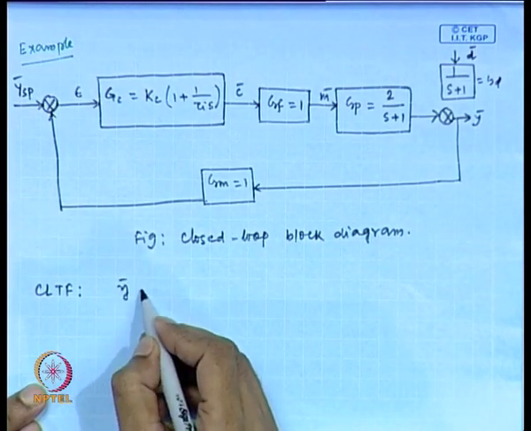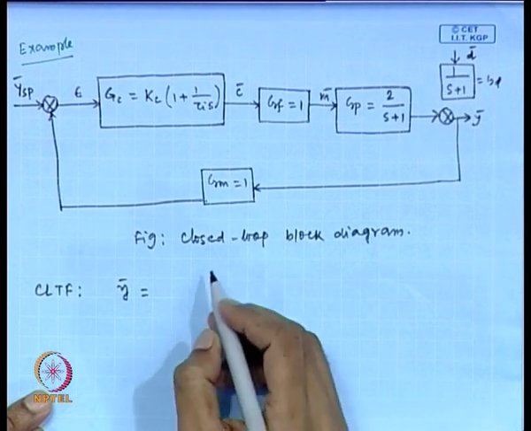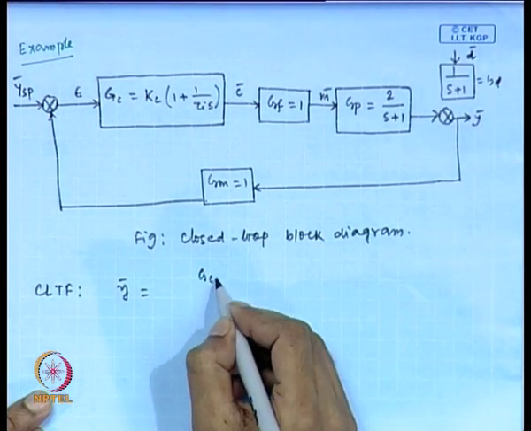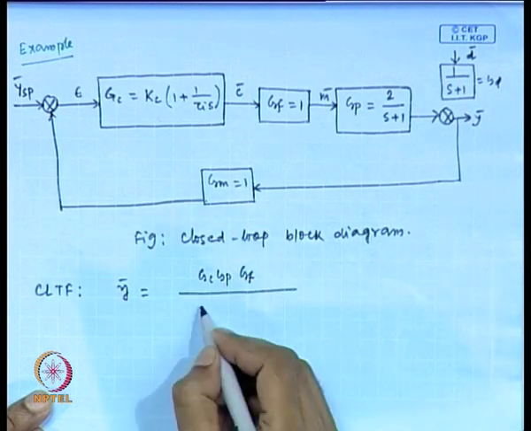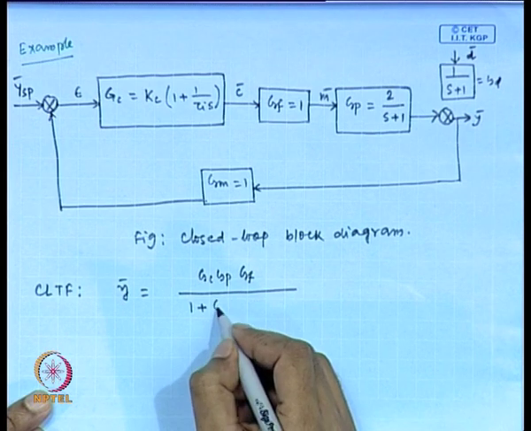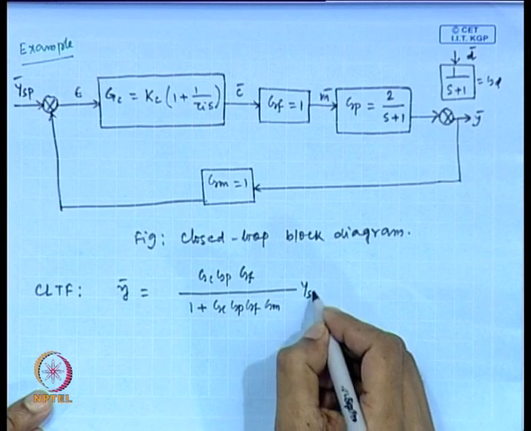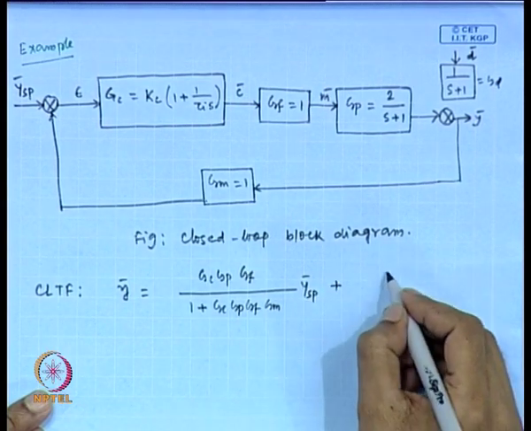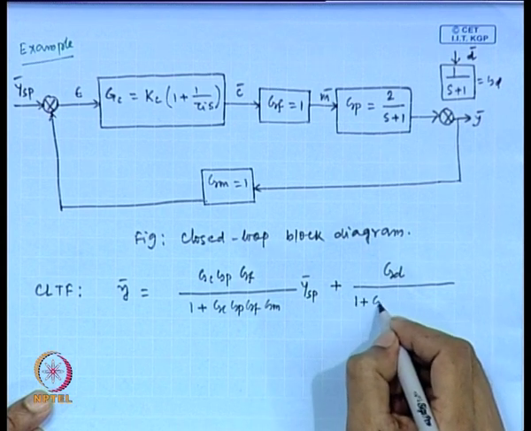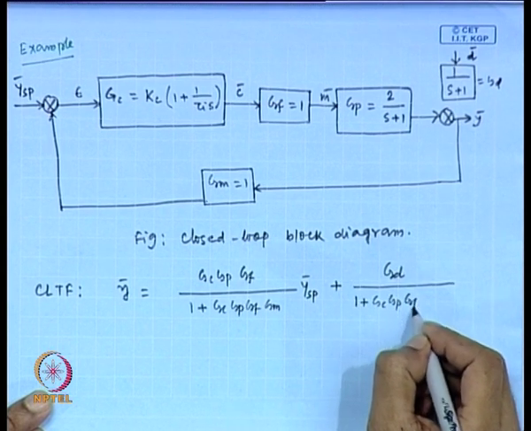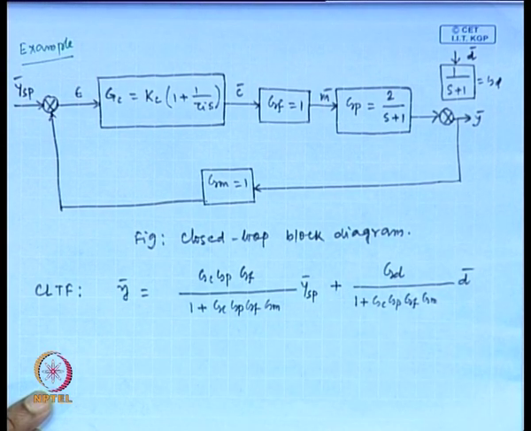The general form of the closed loop transfer function is written as y bar equals Gc Gp Gf divided by 1 plus Gc Gp Gf Gm, times y set point bar, plus Gd divided by 1 plus Gc Gp Gf Gm, times d bar.